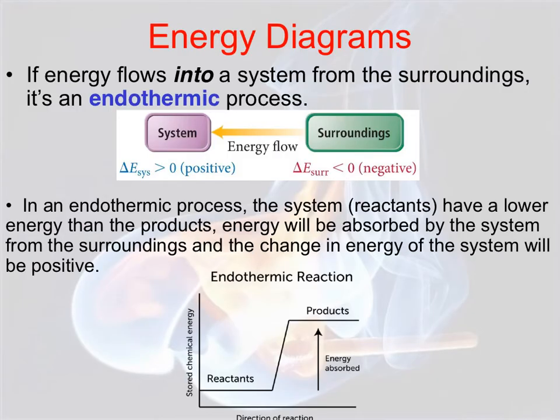The last concept I'm going to explain in this introduction to thermochemistry is the concept of endothermic versus exothermic processes. An endothermic process is a process where the system that we're studying, typically a chemical reaction, has energy flowing into that system. The energy of the system increases over time.